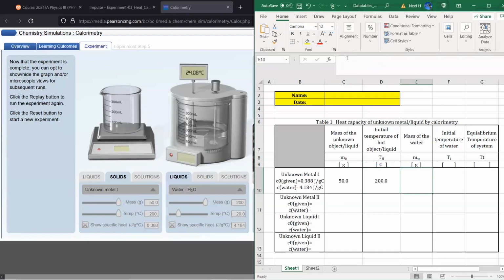Mass of the water, again in grams, 200. We'll use one extra decimal place. Otherwise, accuracy-wise, it may not be a good idea. And the initial temperature of the water, 20 C, in unit Celsius with one extra decimal place. And the final temperature the system reaches, which is again in unit Celsius, 24.08. Okay. That has to have all the sig figs we can read, which means both decimal places.